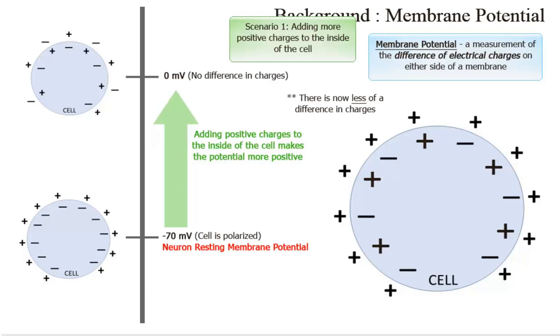So adding positives to the inside of the cell would make the membrane potential become more positive, and we call that depolarization, because we are making it less polarized. We are making the charges more equal. So depolarization is a more positive membrane potential.